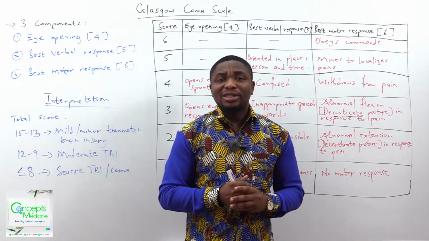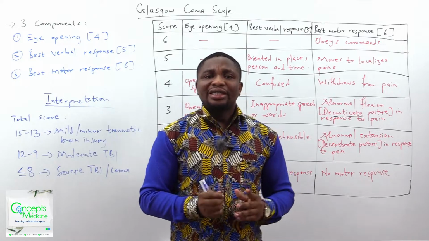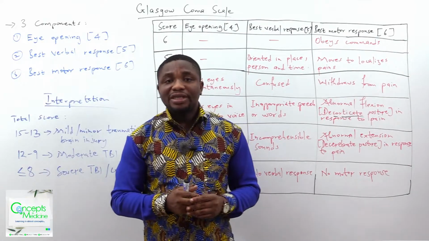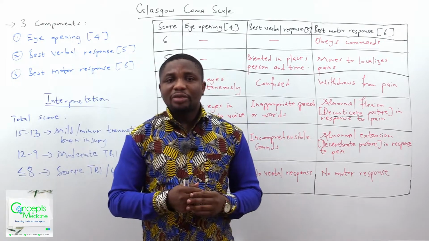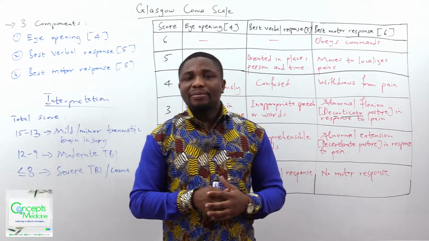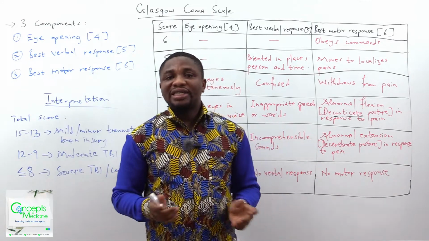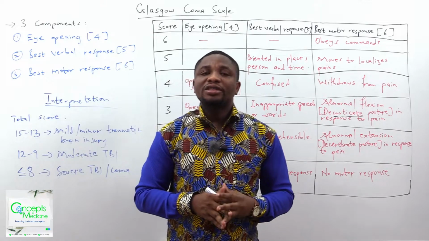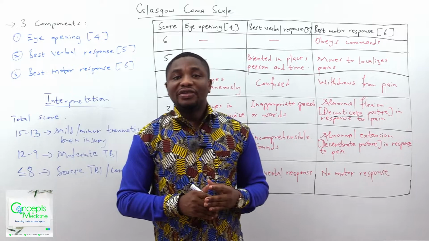And if the red nucleus is inhibited, it means flexion response is also inhibited, causing the patient to lie in that abnormal extension posture, which we call the decerebrate posture. And finally, a score of 1 is given if there is no movement, if there is no motor response. And if you add the maximum scores, it will give you a score of 15.